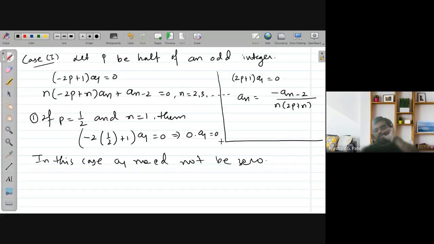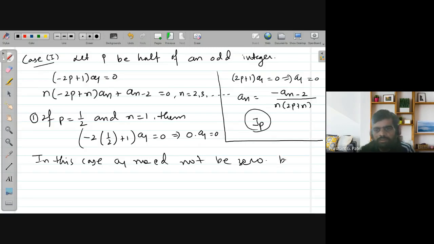As we have discussed in finding the Bessel function, we said that this 2p plus 1 is never 0, so that's why a1 is 0, and then we conclude about this to write down this in the form of Jp. But here that is not the case.